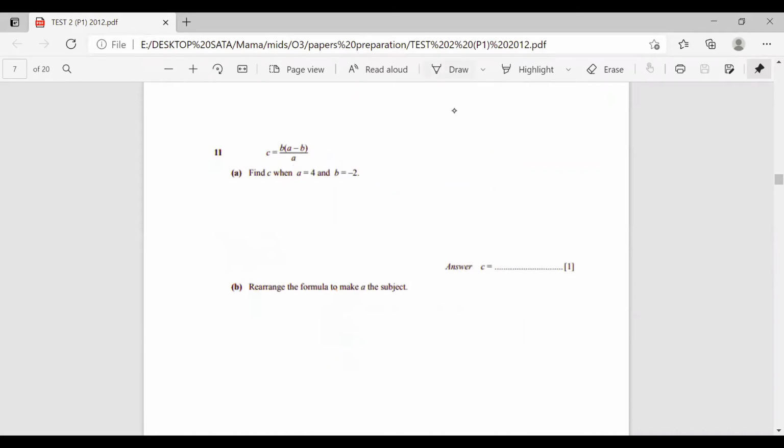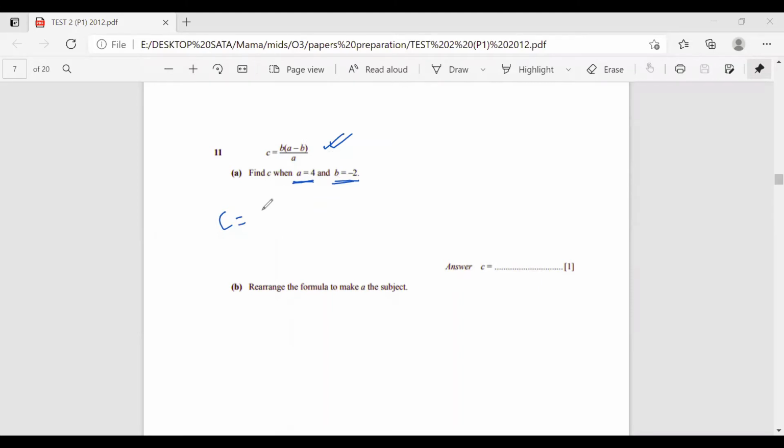Question number 11 says the equation is provided to you, that is c equals b, a minus b upon a. You have to find the value of c by using the known variables. So simply substitute these values in the given equation, which is b, a minus b upon a.